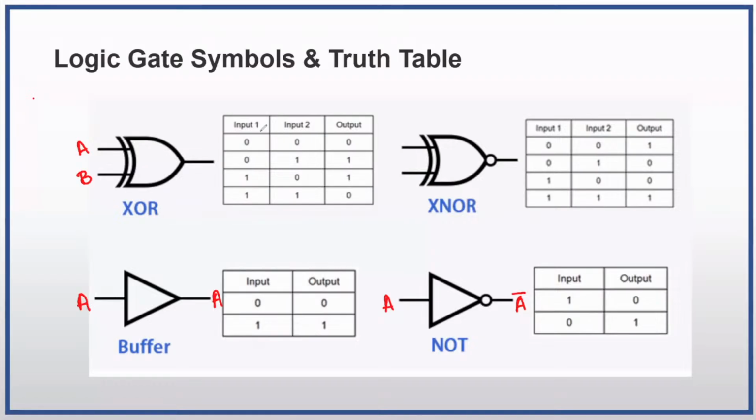Whether the inputs are 0, 0 or 1, 1, you get the output as 0. But in all other cases, it is 1. The output can be written as A dot B complement plus B dot A complement.